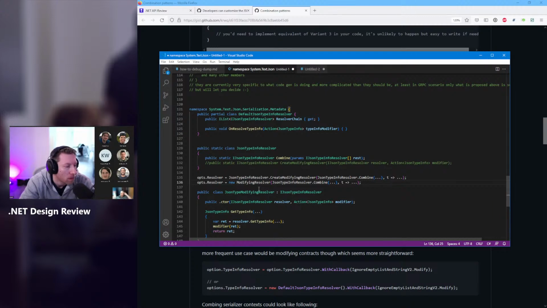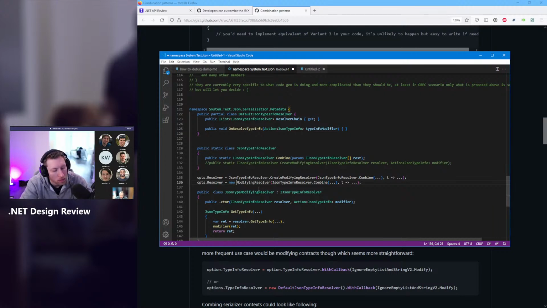Yeah, again, my understanding, and I would love for somebody to back me up on this, is the modifying resolver is when you want to write something that does all of the default work except, for example, puts an underscore in front of the JSON serialized property name. Do all of the work you would have done to build this data for the serializer, but I want to tweak one aspect of it. So it relies on some other resolver.